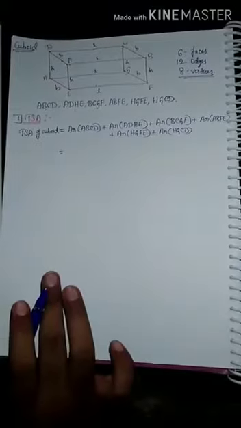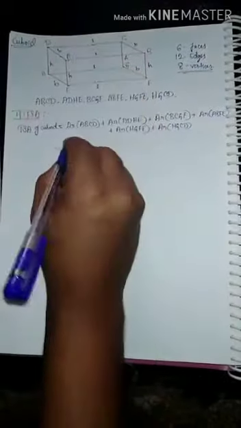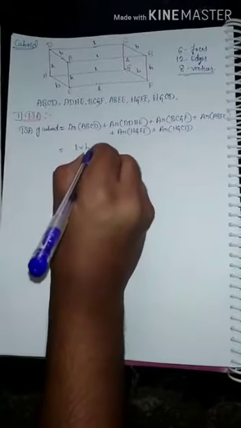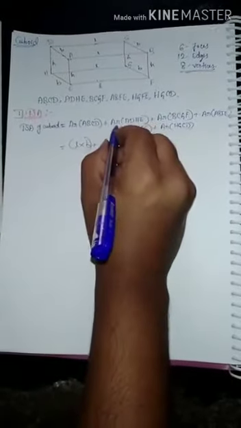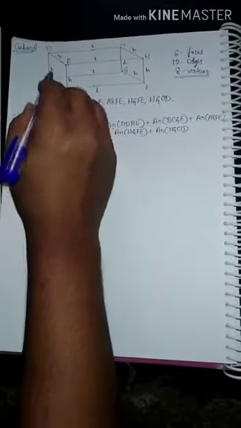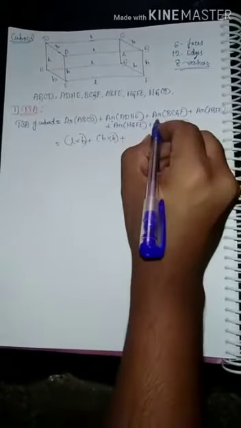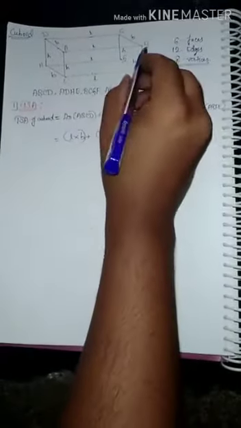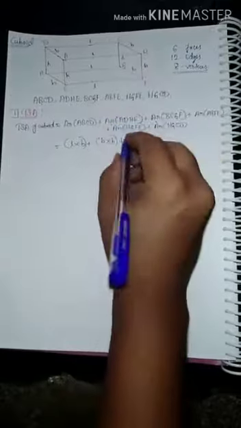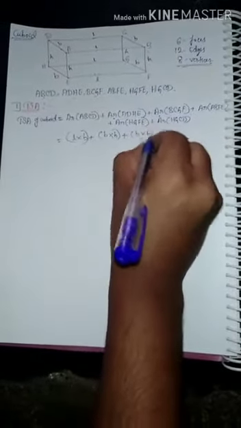First, area of ABCD. As we all know, the area of a rectangle is length into breadth, so L into B. Plus area of ADHE, breadth into height, B into H. Plus area of BCGF, also breadth into height.